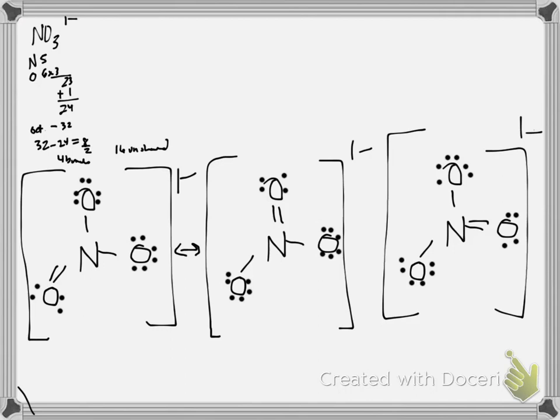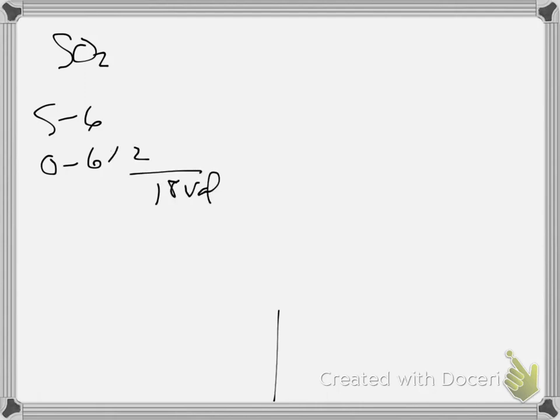Okay, let's do SO2. So this is sulfur dioxide. It's a nice covalently bound compound. So we have SO2. Sulfur coming in with 6, oxygen coming in with 6 times 2. We have 18 valence.